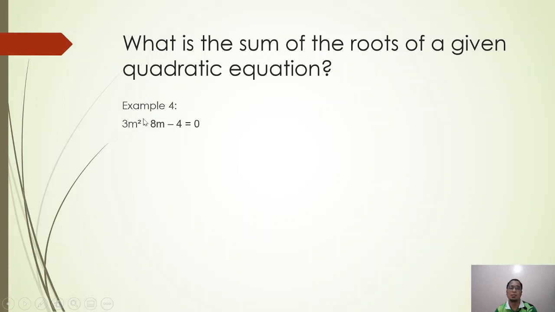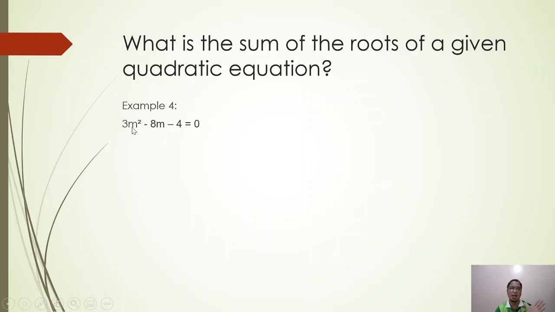The given that I had picked is 3m squared minus 8m minus 4 equals 0. In this case, first check if it is in standard form. The first thing to do is look for the quadratic term, which is positive.